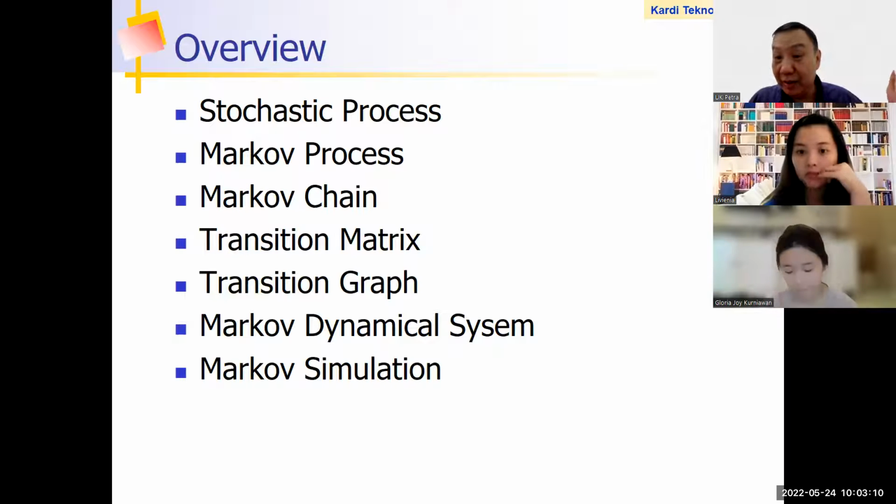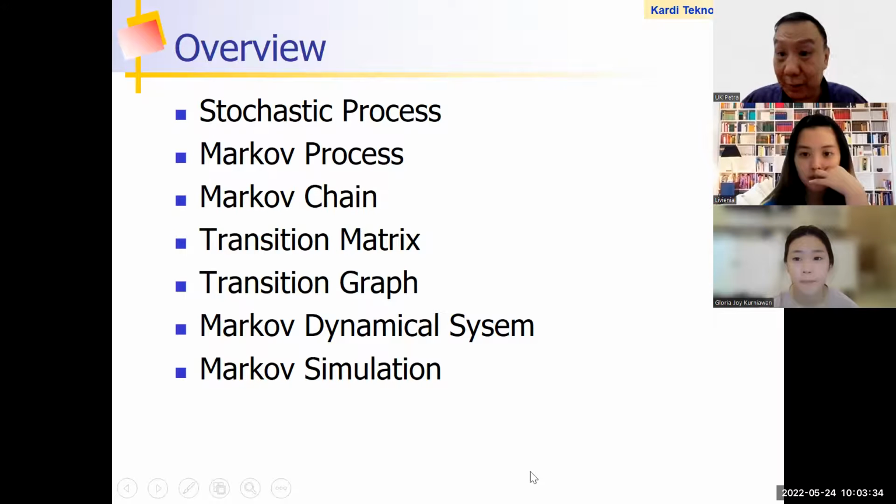Everything is like in decision theory, we have some kind of probability, but still computing as deterministic. Yeah, the way we compute is always deterministic. So this time we try to do what is called stochastic process.